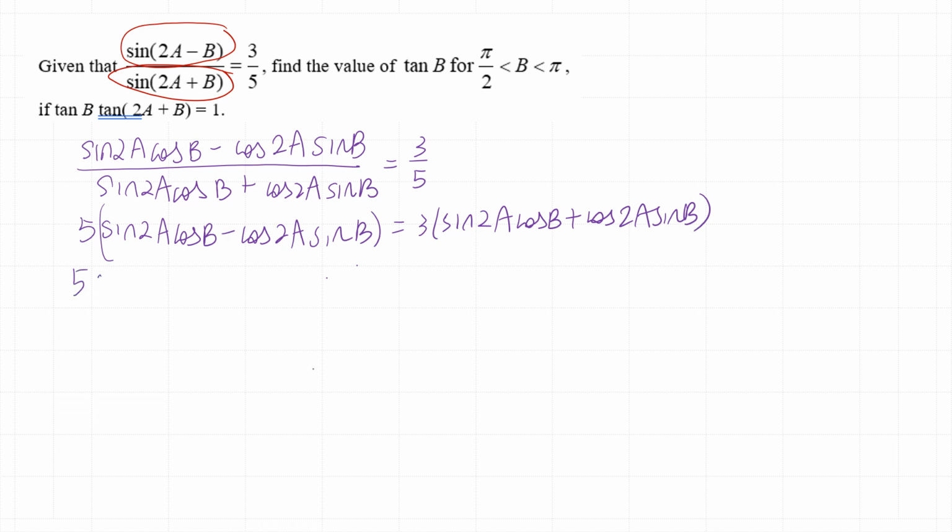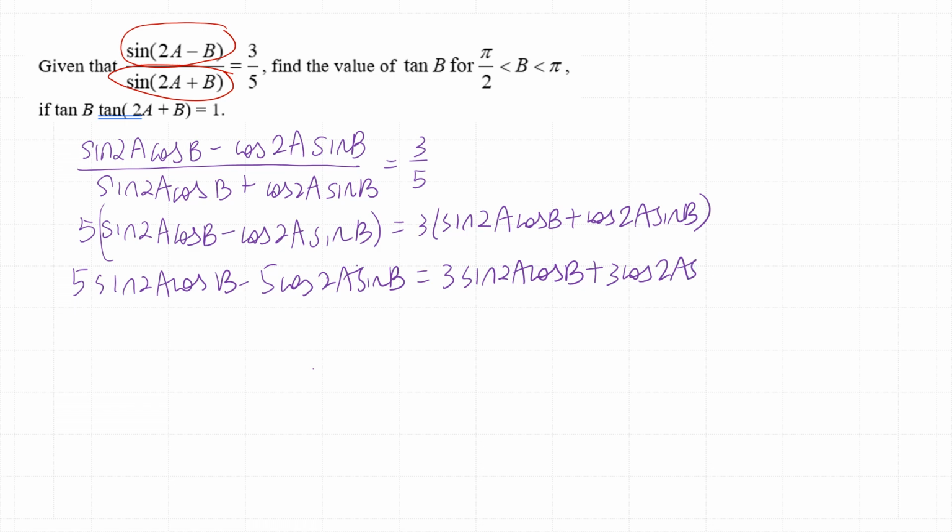Right, simplify it. Right, group all similar terms together. So I have one term here that's similar, a term of the same kind because it involves sine 2a and cos b.